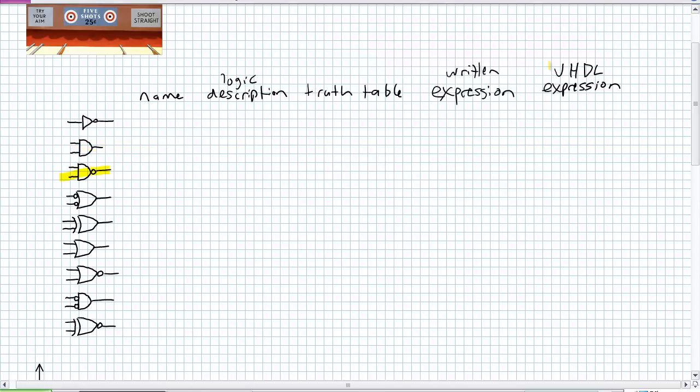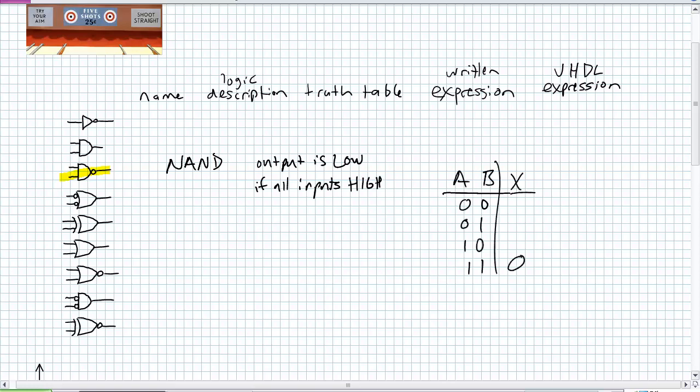Okay, next one. Looks just like the one we just did, but its output is inverted. So that's what's known as a NOT AND, or a NAND. The logic description for that one: output is low if all inputs are high. What's the truth table look like? Output is low if all inputs are high. The rest of them get ones. What's the written expression?